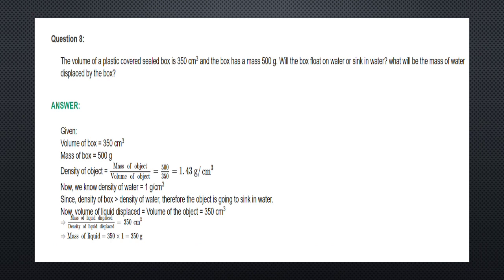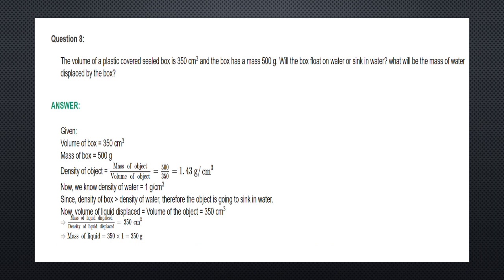Will the box float on water or sink in water? What will be the mass of water displaced by that box? So now we will write the answer. Again, whenever we are solving such type of examples, we have to write first given. So what is given over here? Volume of the box, 350 centimeter cube.